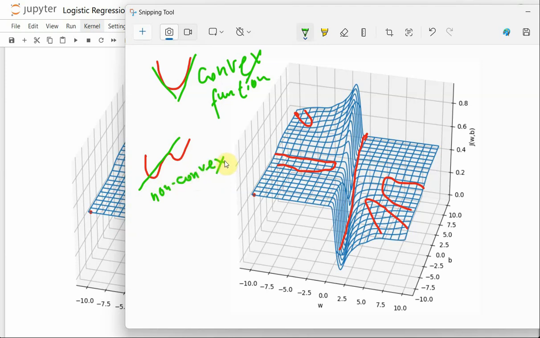There is a more accurate mathematical definition using second-order derivatives. However, in this video, we will not go into those depths of mathematics, and this example is enough for us. So obviously you can see that the mean squared error cost function for logistic regression is a non-convex function. And that is exactly why we have these local minima areas.